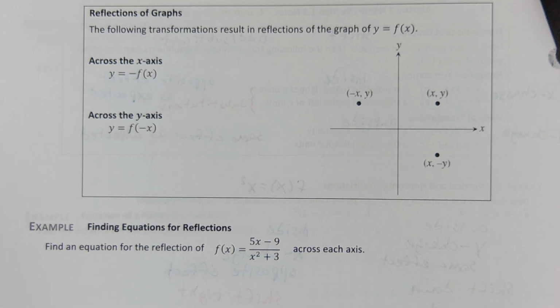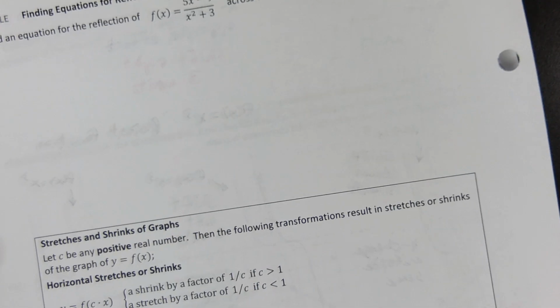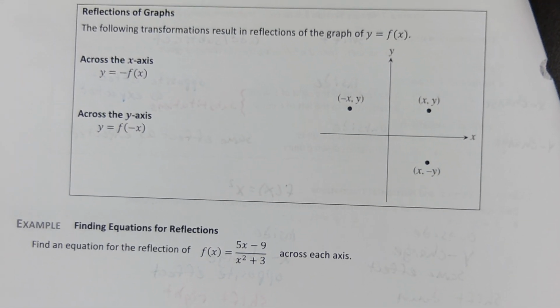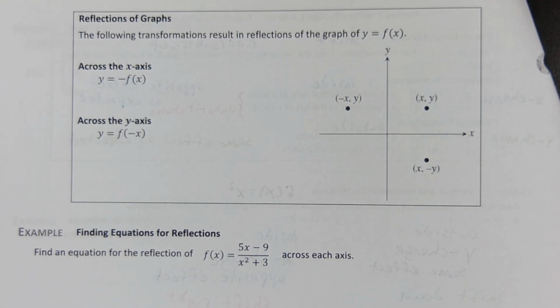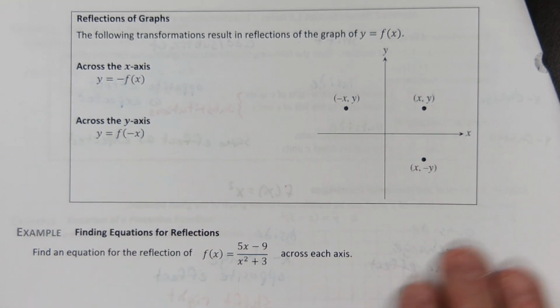Today, we are going to tackle reflections and then we'll move on to stretching and shrinking. But right here for reflections, I need you to realize that my whole inside opposite effect thing is not a law. It's like a rule. And you know, some rules can be broken. It doesn't really apply very well to reflections.